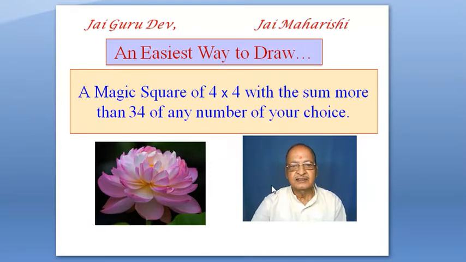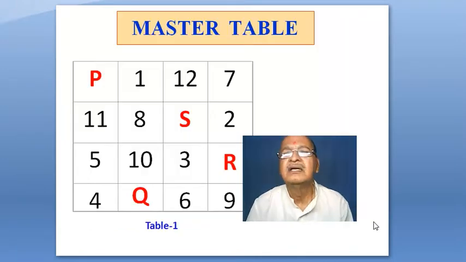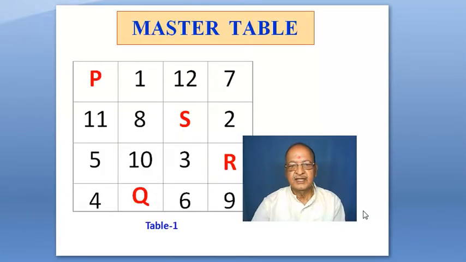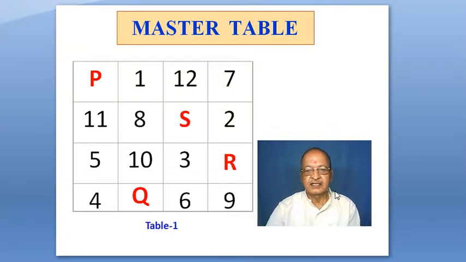And next slide, this is actually the master table. Here, all numbers will be taken in this form, and the values of P, Q, S, R will be taken by the formula given on the next slide.